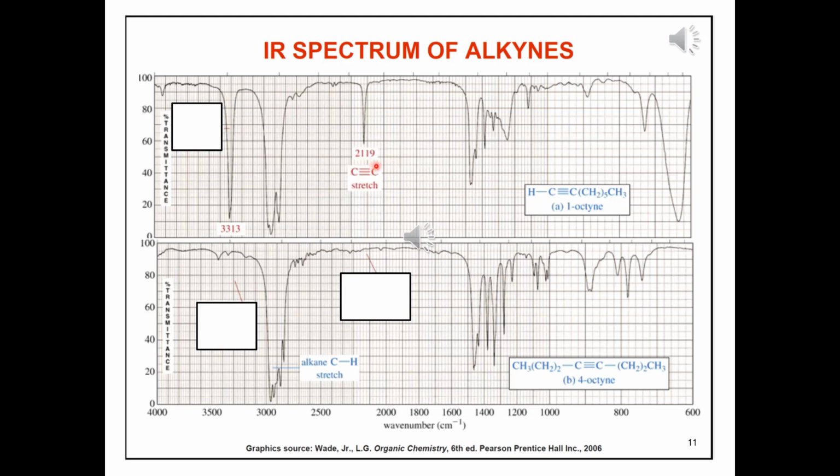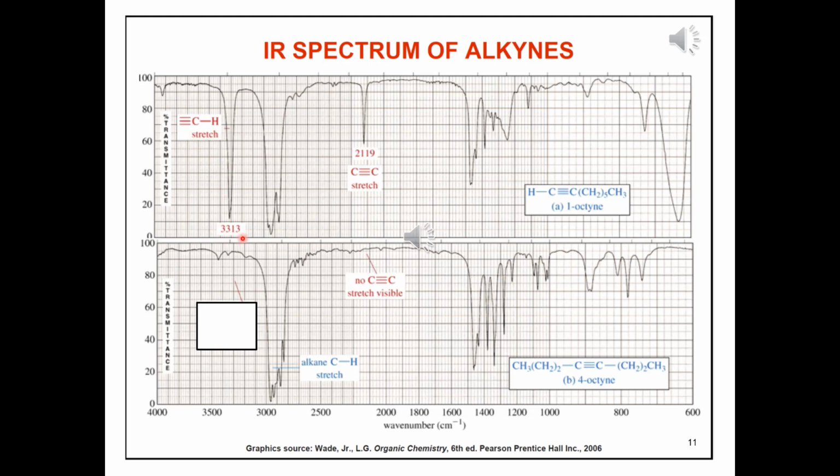The reason it's weak is because the triple bond is not very polar. In some cases, such as in highly symmetrical alkynes, it may not show at all, so we can note the absence of this in 4-octyne. Terminal alkynes, those where the triple bond is at the end or the start of a carbon chain, have carbon-hydrogen bonds involving the sp carbon.